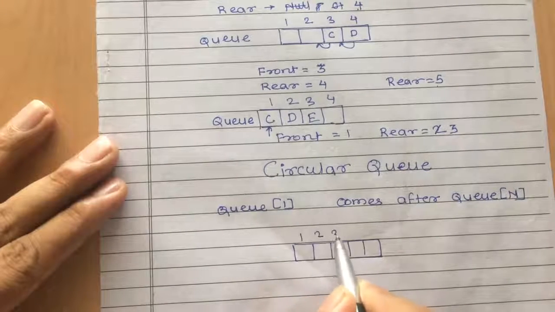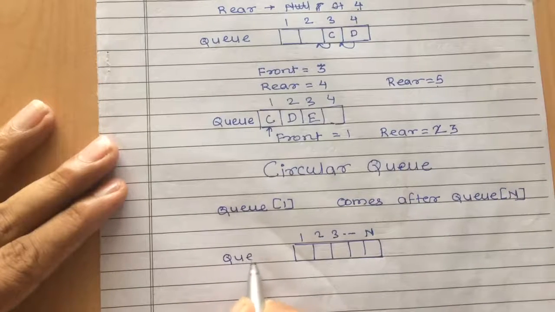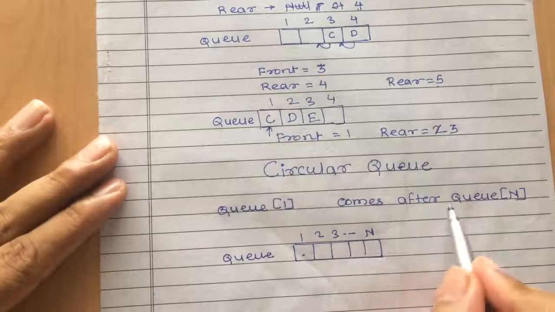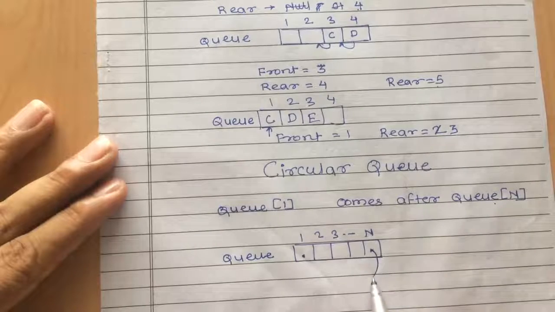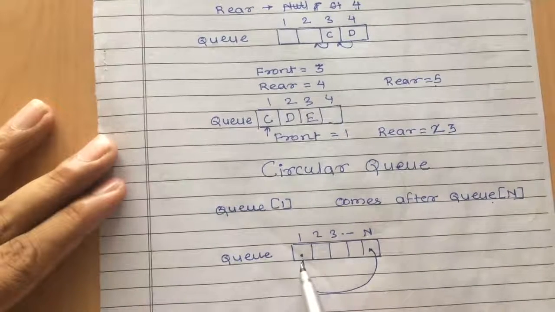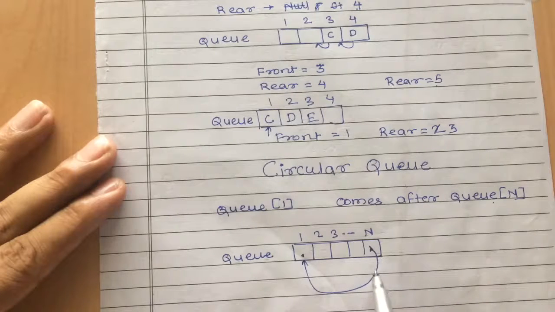So just consider this is first, second, third, and so on. This is n. N means the last element of this queue. What does it mean? Q of 1 means this element comes after Q of n, after this element. So this element comes after this. It means that after this we are having this first location, because this is circular. 1, 2, 3 up to n, and after n we are having this 1.